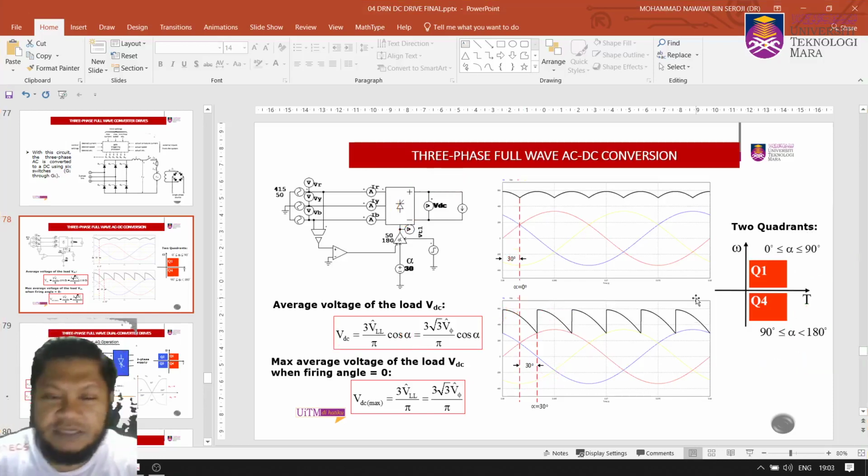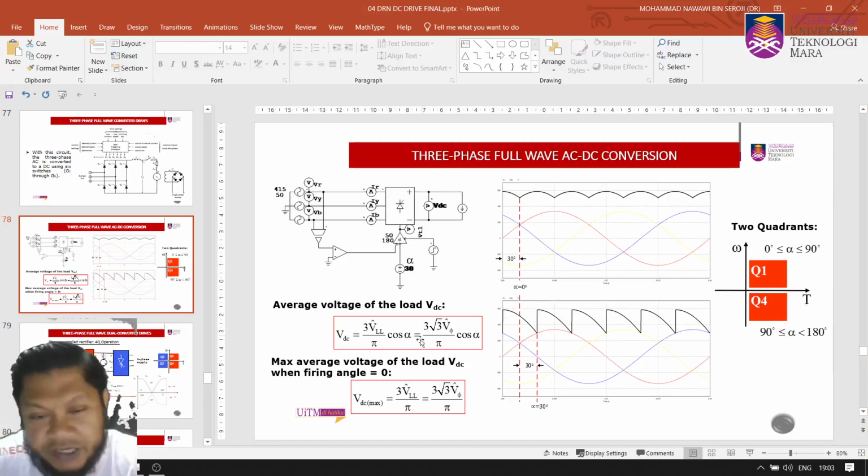Okay, this is the equation that you need. I think this is from previous power electronics. You did the derivation. You can find the derivation: 3 V peak line to line over pi cos alpha. Sorry, this is line to line voltage, and this is the phase voltage, and it is a peak value.